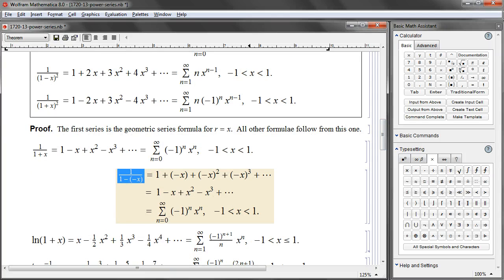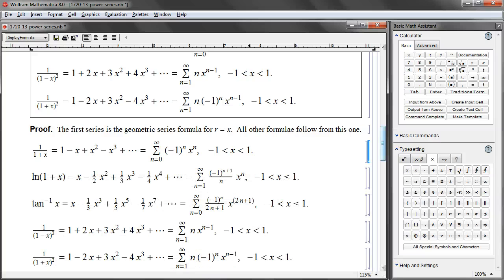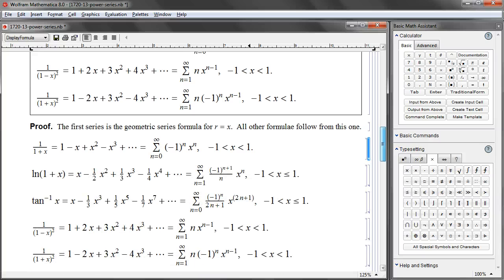So we end up with 1 plus -x, plus -x squared, plus -x cubed, and so on. We are replacing all the x's by -x's, and consequently we have this alternating sign, as you can see in the second line. Eventually we get the sigma expression. That was easy, and the others are not so trivial.